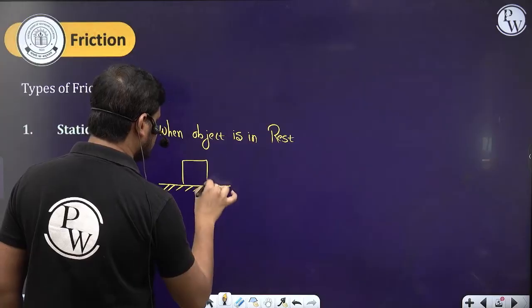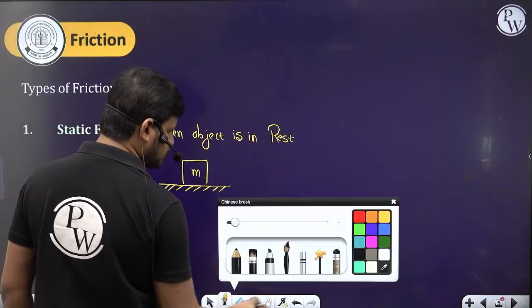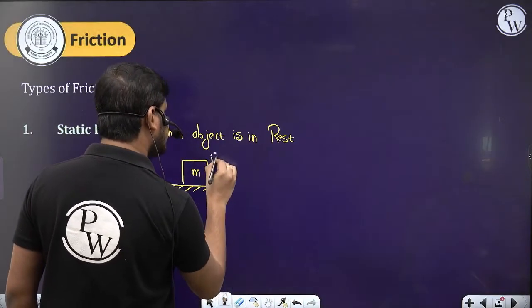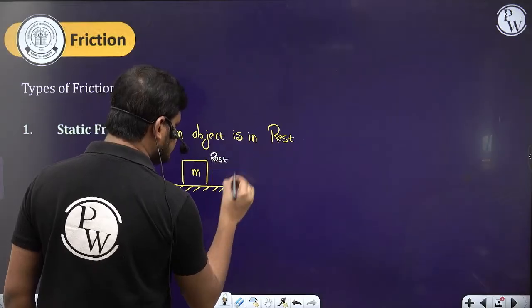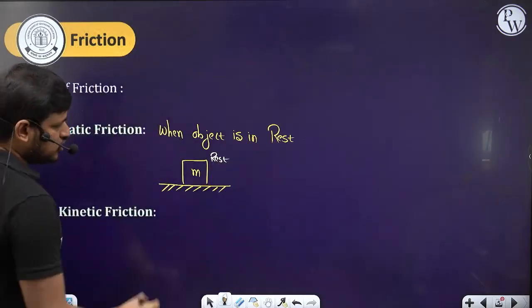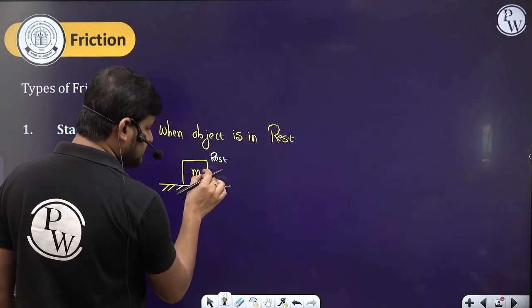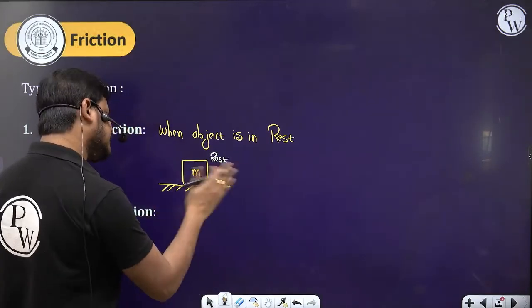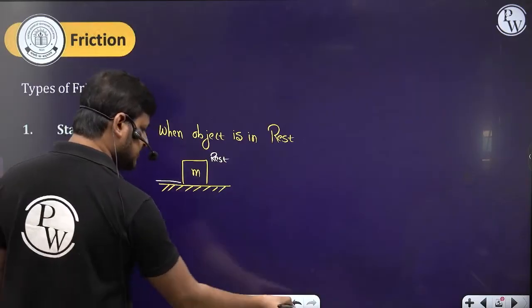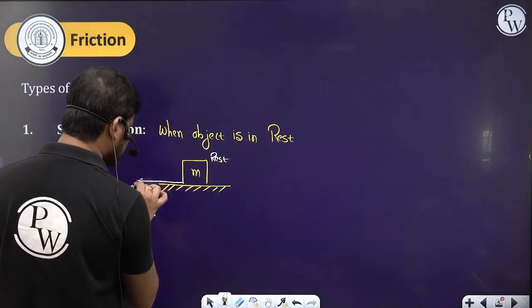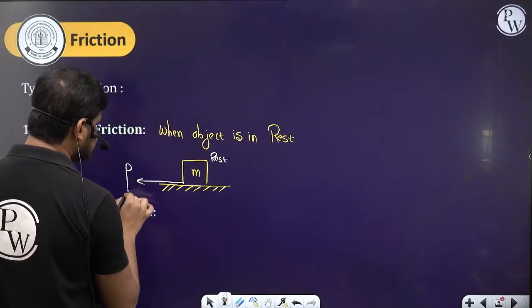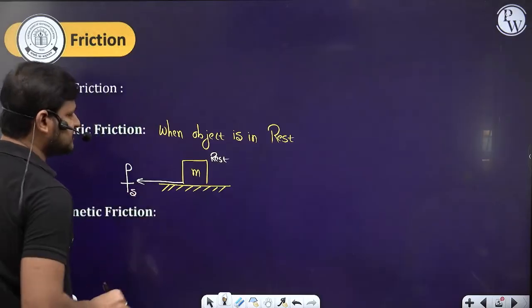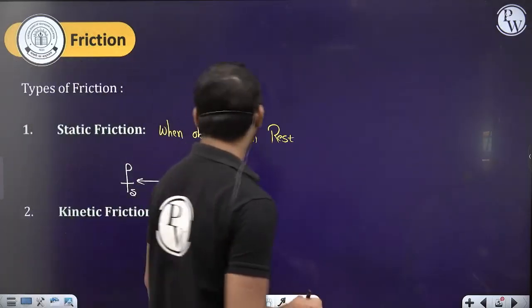We place the object of mass m here. This object of mass m is at rest. Now let's suppose it is tending to move. It's not moving, it's tending to move. In that case, still it is at rest. So the friction that acts is Fs, the static friction.